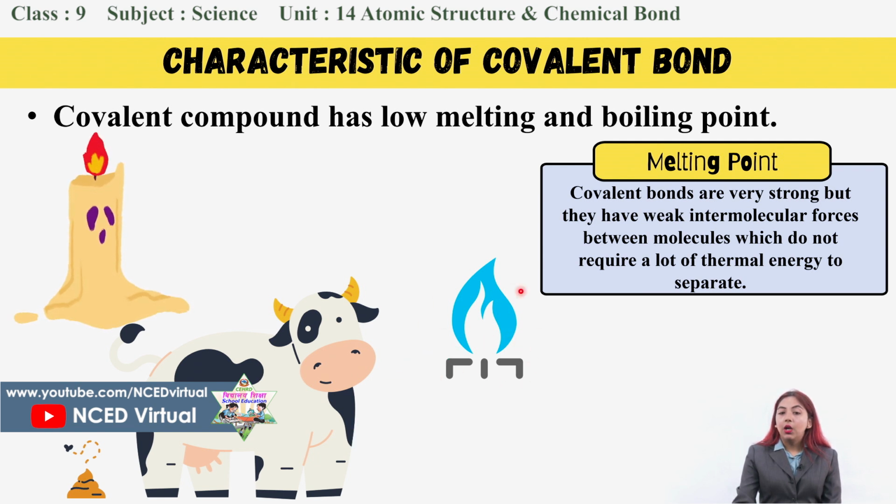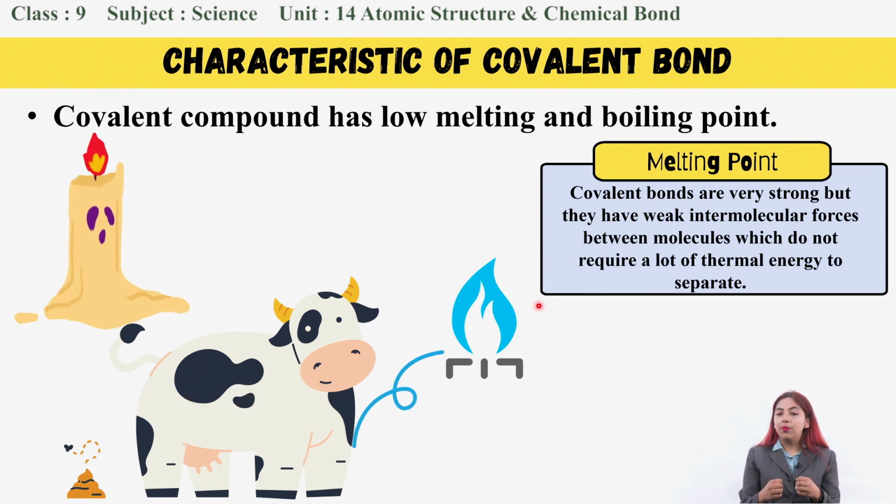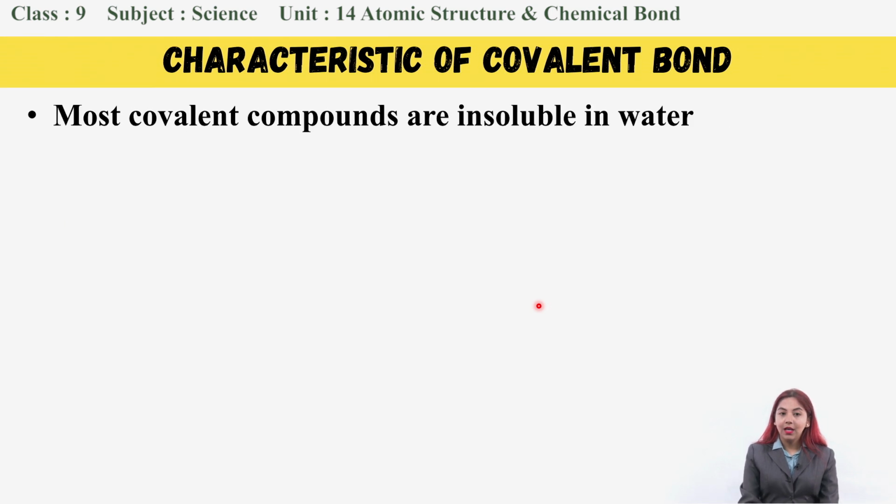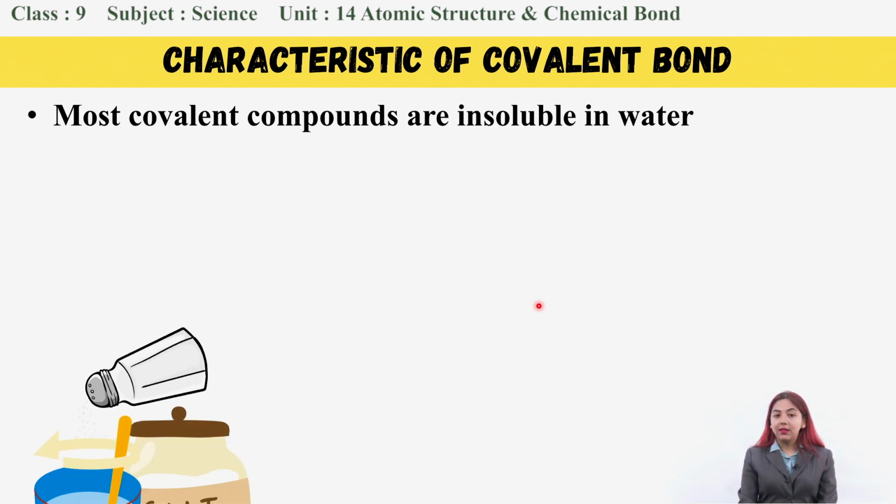Due to the weak intermolecular force between the covalent molecules, methane gas burns very easily and vigorously. Now another characteristic of covalent compounds is that most of them are insoluble in water. We have studied in the previous class that electrovalent compounds are usually soluble in water, such as salt.